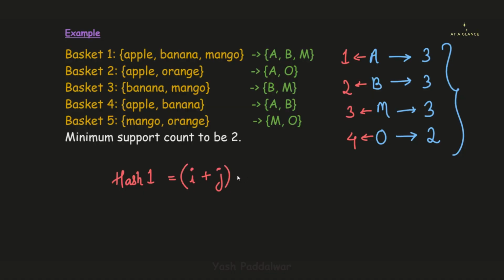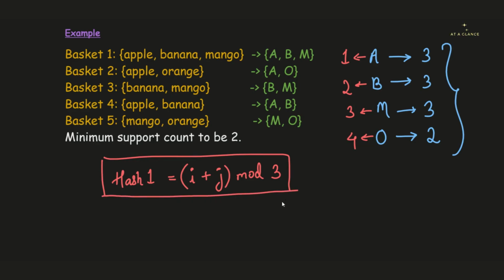Modulo is an operation. Whenever we divide by this particular term, whatever remainder we get is the result of the modulo operation. So I hope it is clear. This is our first hash function that we are going to use in pass one.